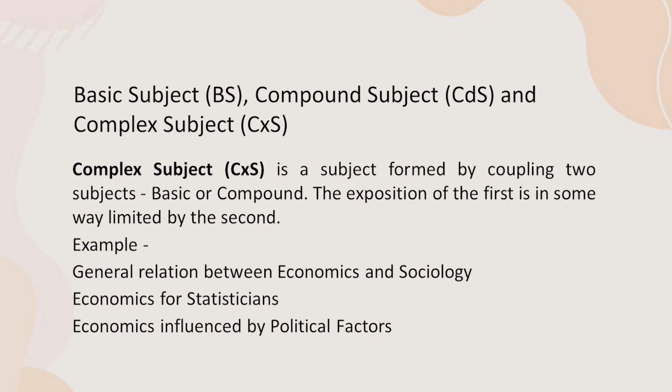Complex subject is a subject formed by coupling two subjects, may be basic or compound. The exposition of the first is in some way limited by the second, such as general relation between economics and sociology. This is a complex subject. Again, economics for statisticians, economics influenced by political factors.